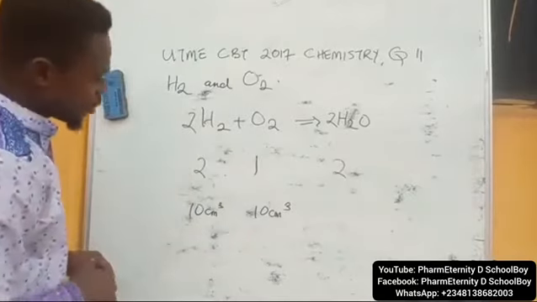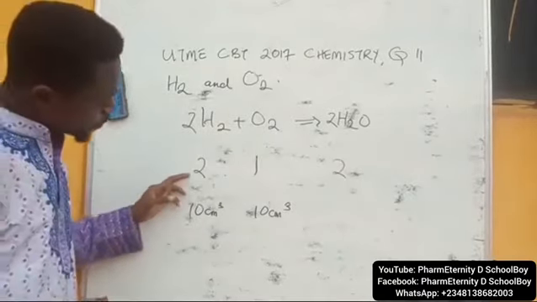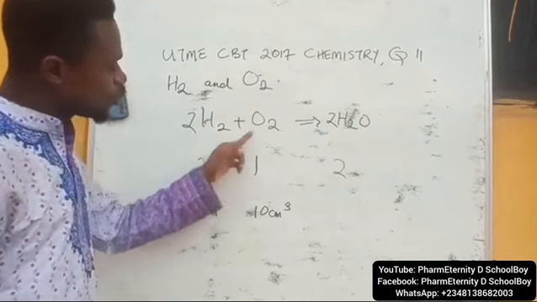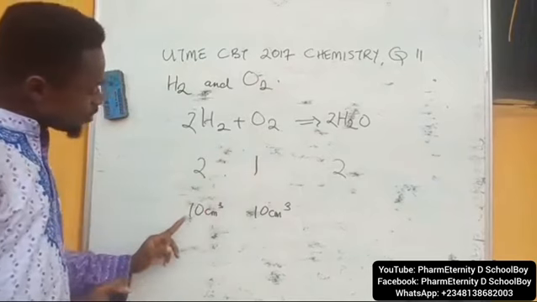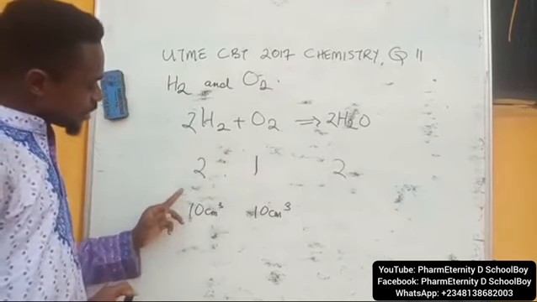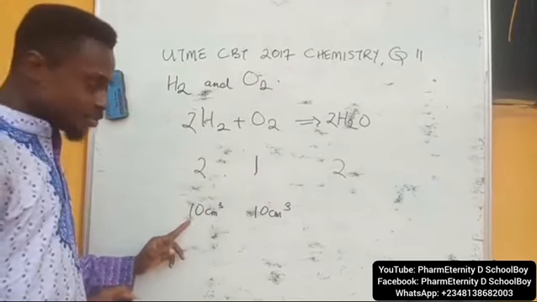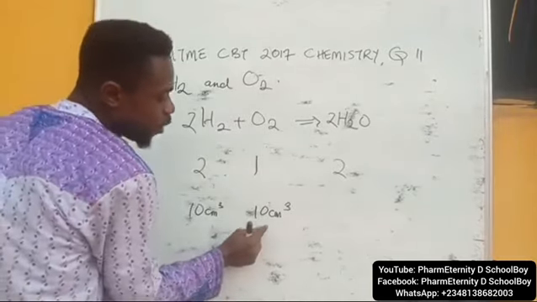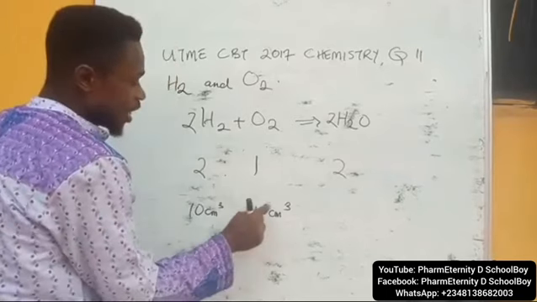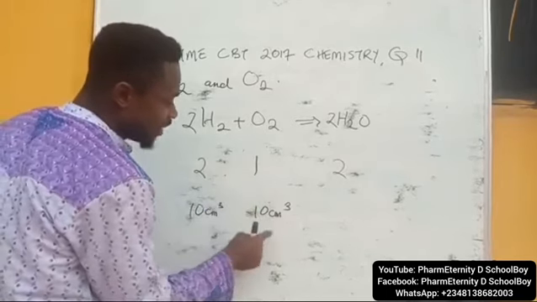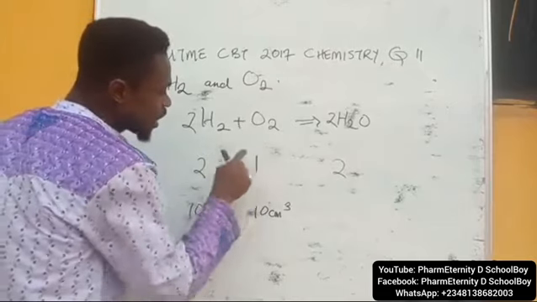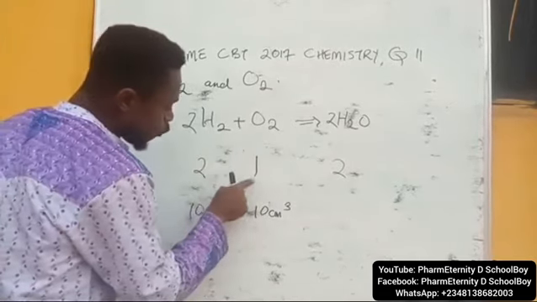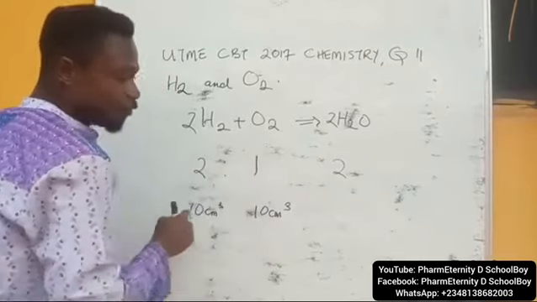Using Gay-Lussac's law, this hydrogen can only combine in a ratio of 2 is to 1 with oxygen. Hydrogen is already 10 cm cube. If you like, pump in 20 cm cube here, it can never exhaust it. It can only take up 1, the ratio of 1 of what? Oxygen, for it to work.